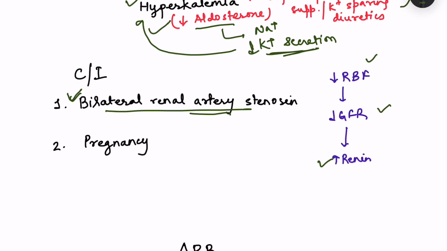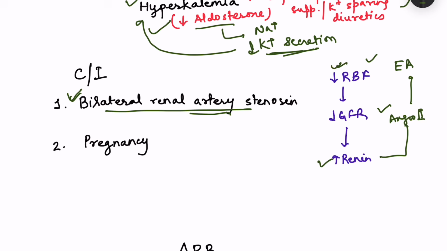Because of decreased GFR, there will be decreased sodium delivery to the macula densa, causing an increase in the renin release. This in turn will cause angiotensin 1 formation, then angiotensin 2 will be formed, which acts on the efferent arteriole, right?